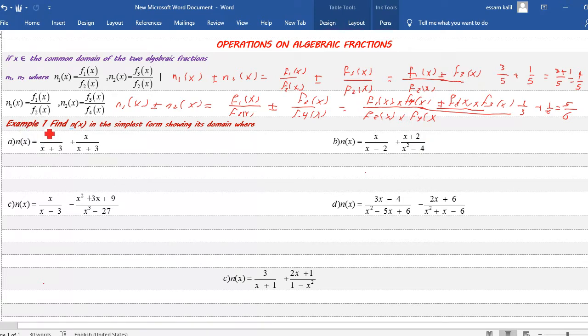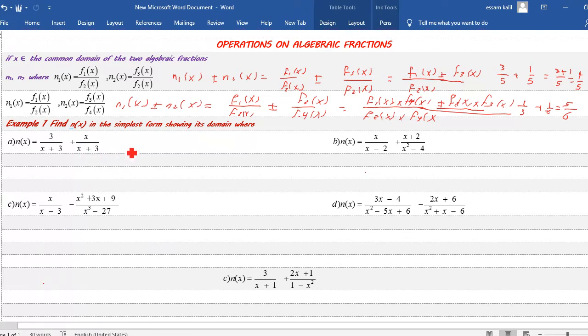Example 1. Find the n of x in the simplest form showing its domain, where n of x equals 3 over x plus 3 plus x over x plus 3.